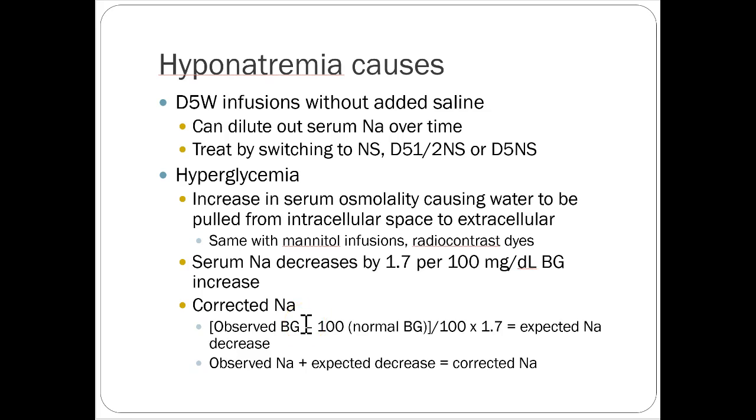A lot of places will do this for you, but remember: take their observed blood glucose minus 100, which is what we'd consider normal, divided by 100, and then times 1.7 gives you your expected sodium decrease. Observed plus expected gives you your corrected sodium. That's how you see what your sodium actually is, which would be different than what the lab would report to you.